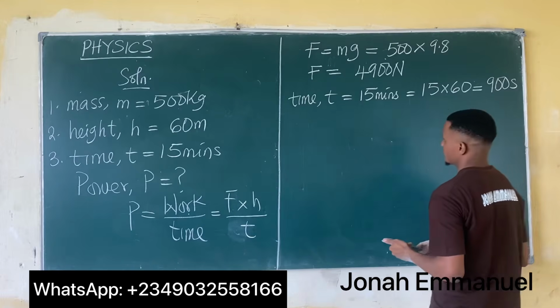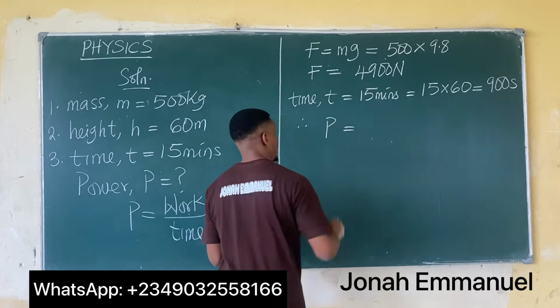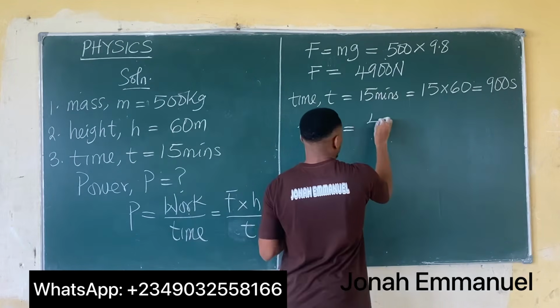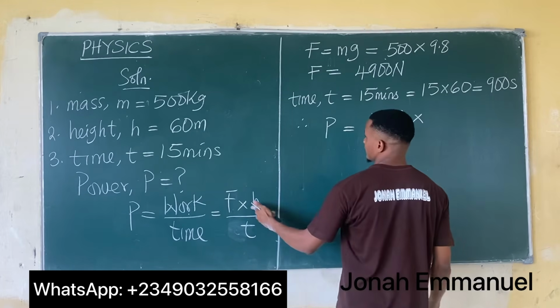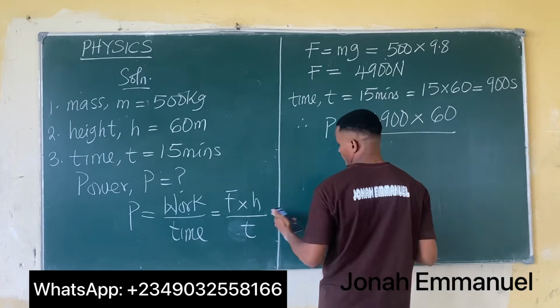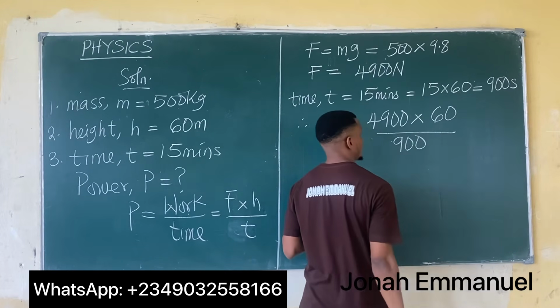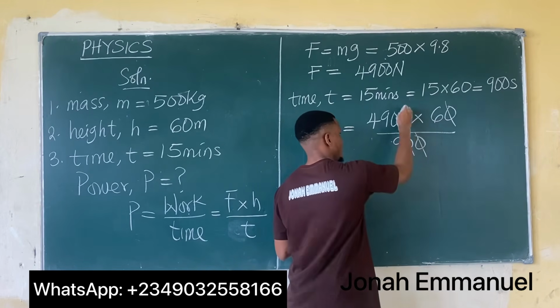Therefore, power is equal to force, 4,900, times height, 60, all over time, 900. From there, the zeros cancel.